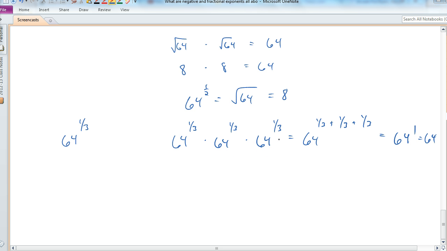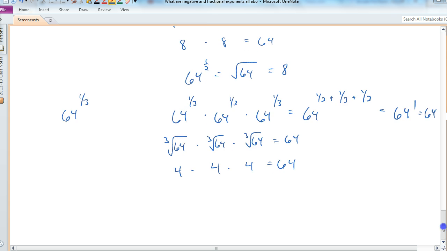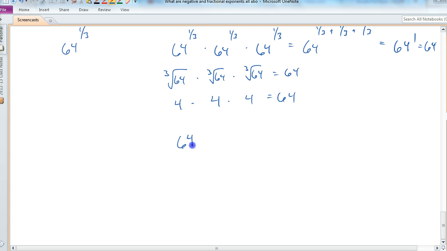The number that you multiply by itself 3 times to get to 64 is the cube root of 64. Well, what number times itself 3 times gives me 64? That number is 4. So now we've got 64 to the 1/3 is equal to the cube root of 64, which equals 4.